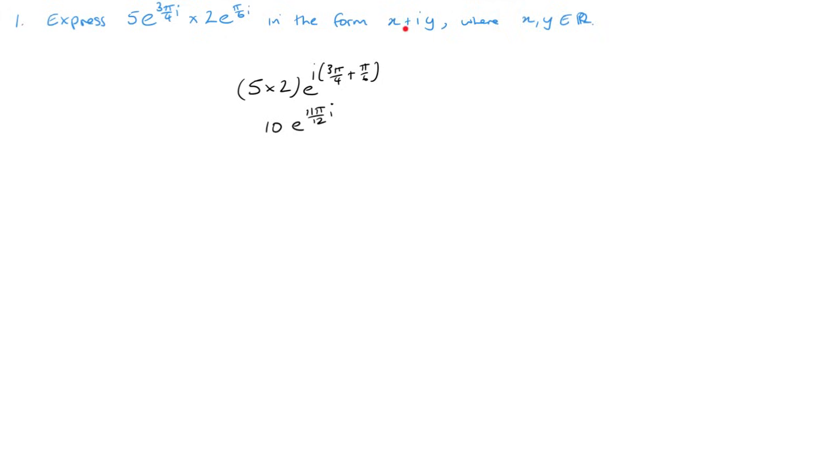But now we need to get it into this form, the x plus iy. So now we need to change this into our modulus argument form. So cos 11 over 12 pi plus i sine 11 over 12 pi. So that is going to be 10 times minus 0.9659 plus 0.2588i.